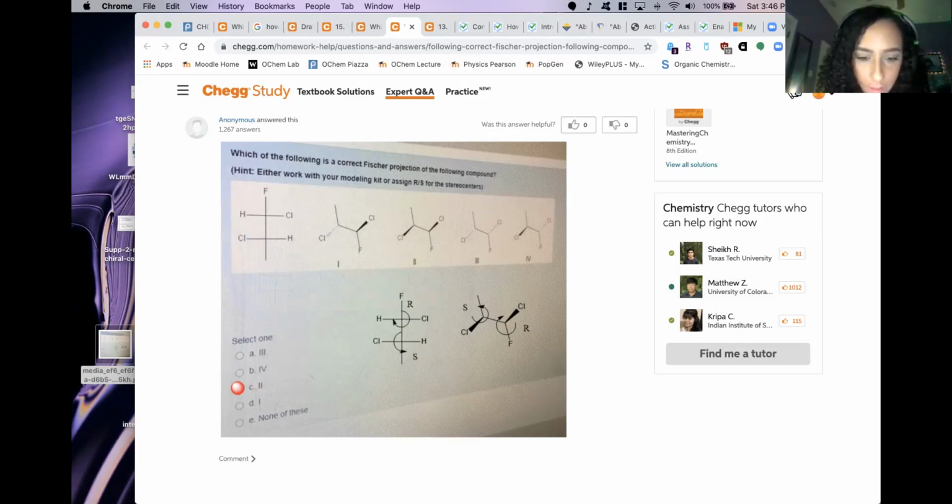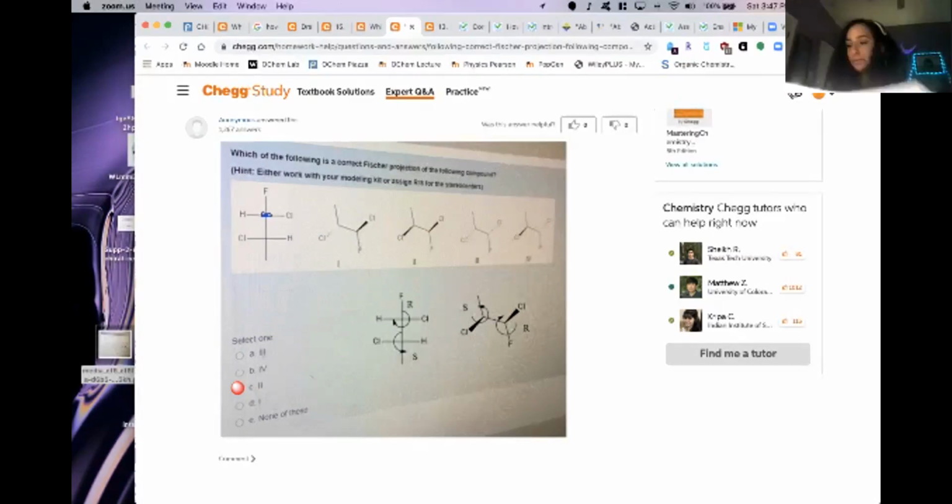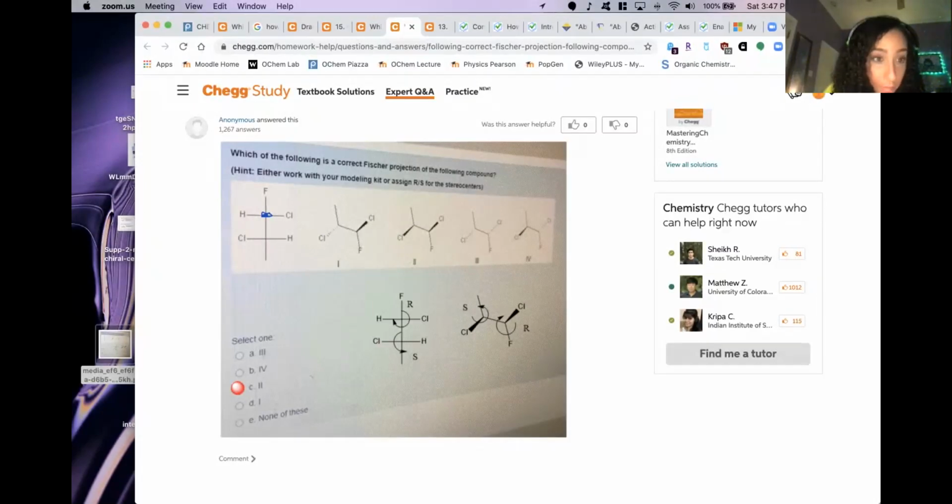Okay, so if we can do that, let's just do it ourselves. Oh my gosh, that's terrible. All right, so chlorine is higher than fluorine is higher than carbon. Okay, big brain moment.